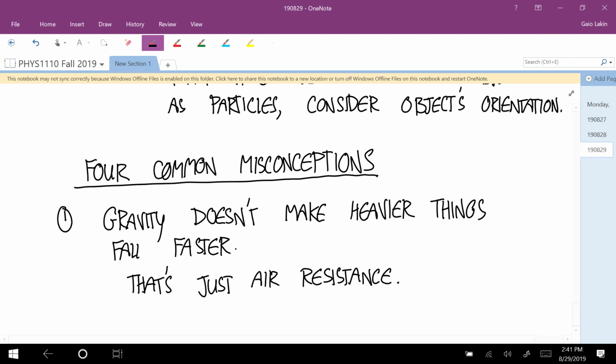And they drop a bowling ball and a feather at the same time. They both just fall like a bowling ball, straight down. The feather hits the ground and bounces up into the air violently. And that's because if you get rid of air resistance, gravity doesn't make things fall at different speeds.